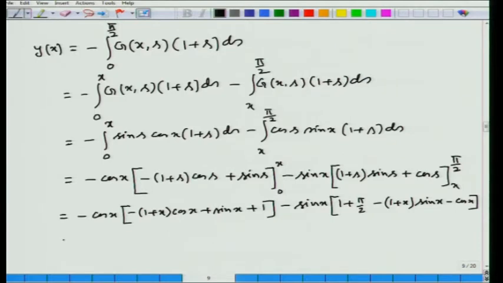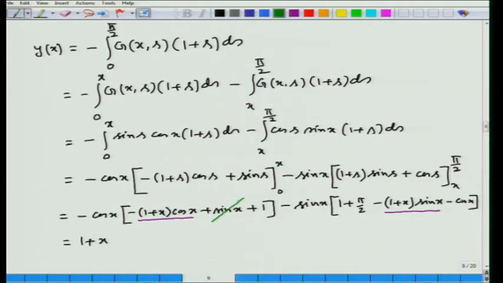Now, you just check that these two terms can be combined together, this one and this one, and they produce the term 1 plus x, and then these two terms cancel with each other.